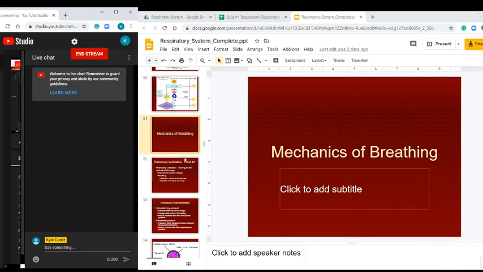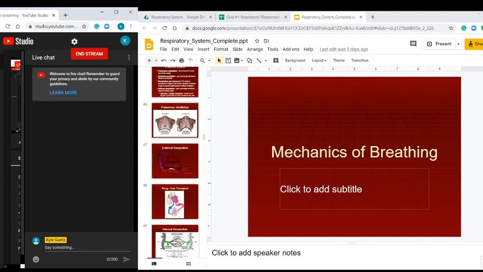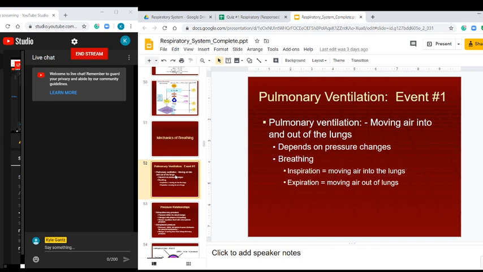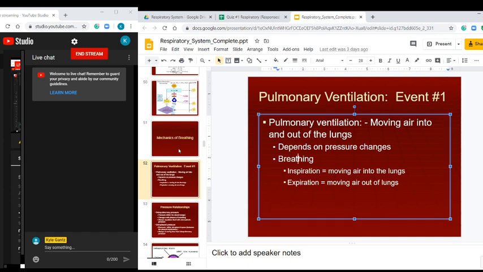Okay. So, the mechanics of breathing. I kind of just went through that a little bit, right? So, pulmonary ventilation, that's the first event, right? External respiration, internal respiration, the transport of gases isn't going to happen if we can't get air in and out of us, right? So, that's air moving in and out, and it depends if you're going to inspire air.